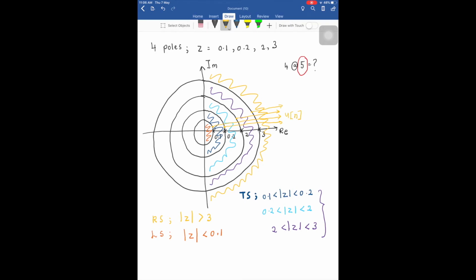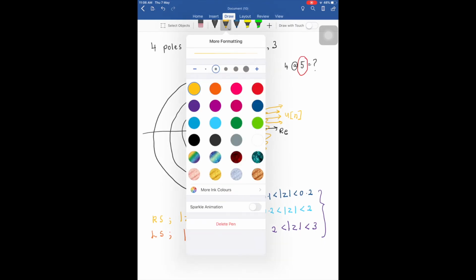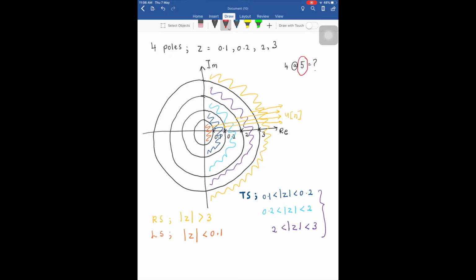Very easy for right-sided. For left-sided, all your poles will approach to left, so the function is minus u of minus n minus 1.